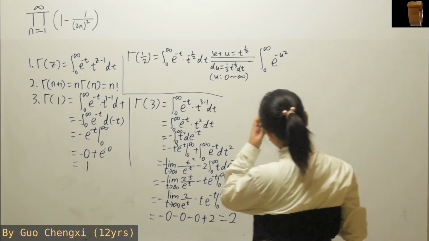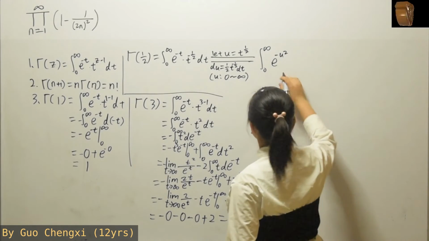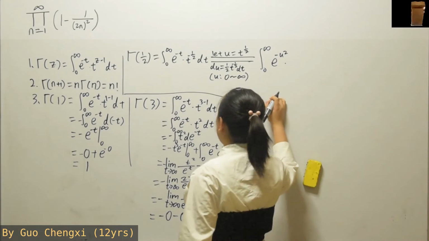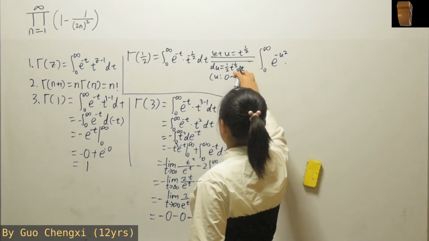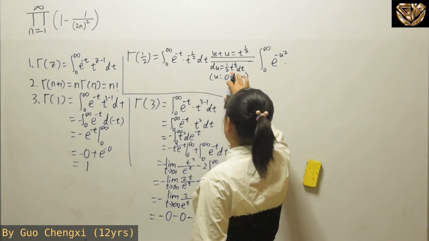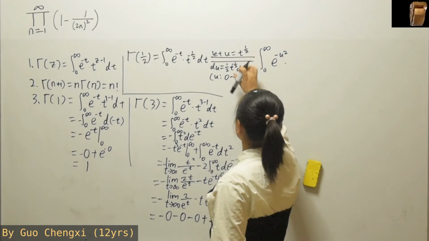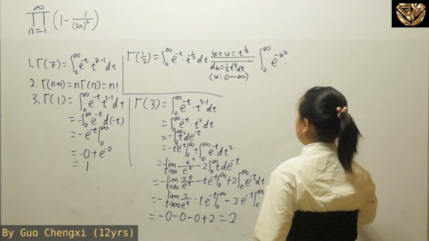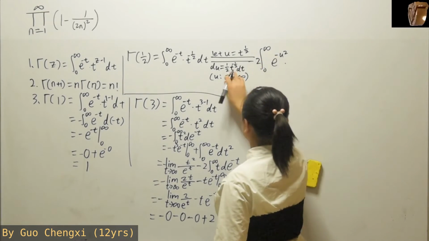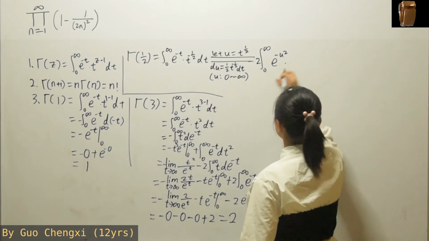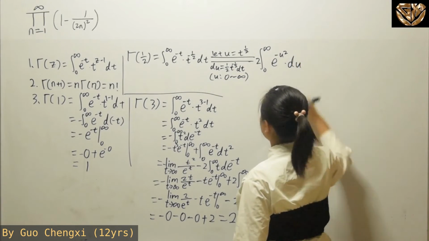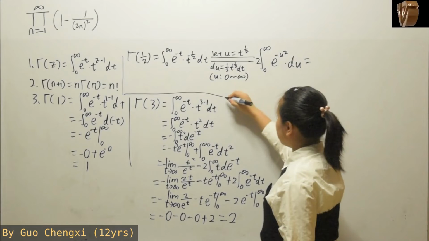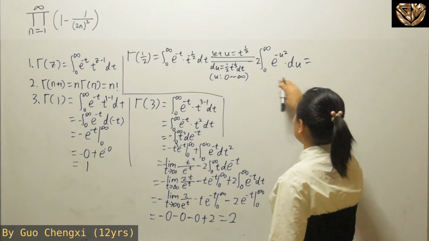So e to the power of negative u squared, and then times, for this part, there will be a negative, and these will cancel each other out, except for the half, obviously. For the half, it will become a 2 as it has moved to the other side. So it will be like this, okay?